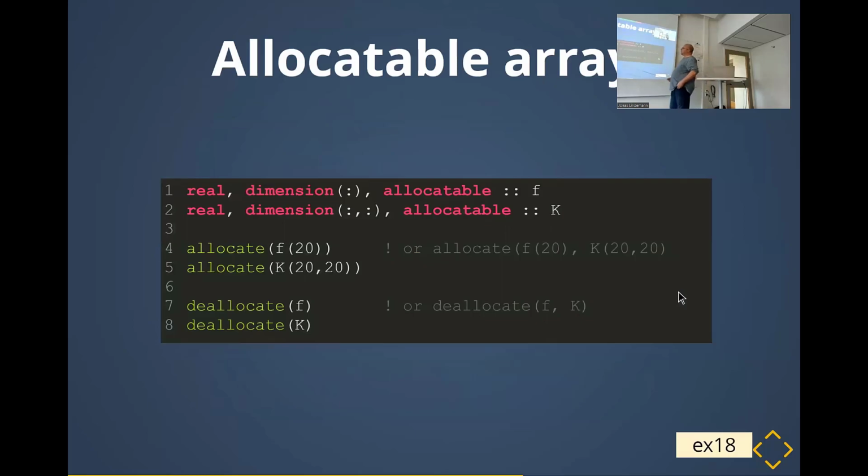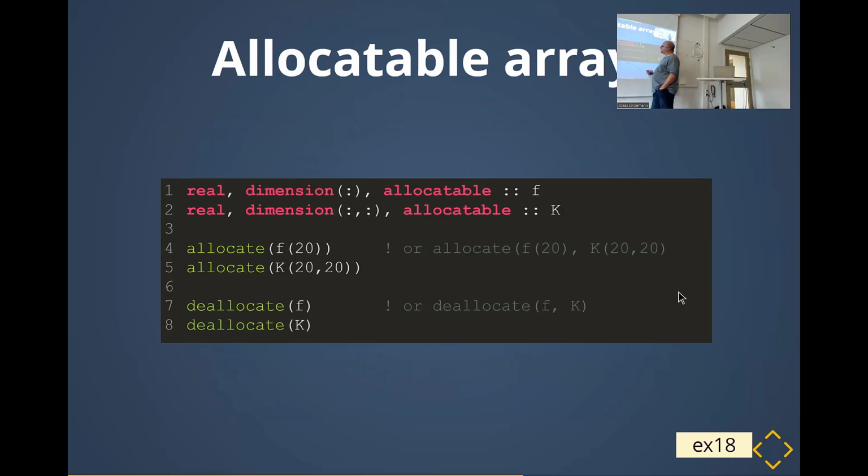So how does it look? Here I have dimension colon. This is the attribute allocatable. That means that F is an allocatable array. If it's two-dimensional, you have colon, comma, colon, allocatable, K. And then you can just allocate F(20). Now this variable has 20 elements.